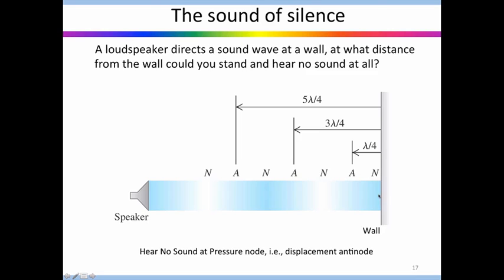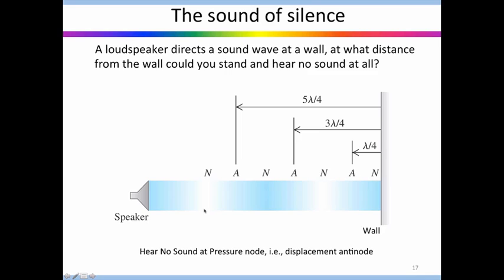So it cannot have displacement here, zero displacement. Because it is a displacement node, it is a pressure antinode. So at this displacement node, you have the highest pressure fluctuation. Same thing here, this is a displacement node, but it has the largest change in pressure.